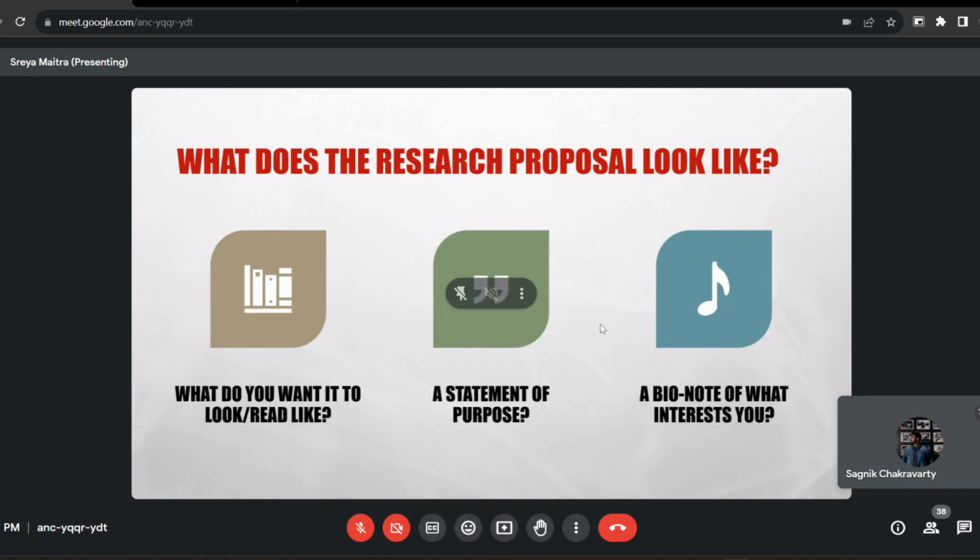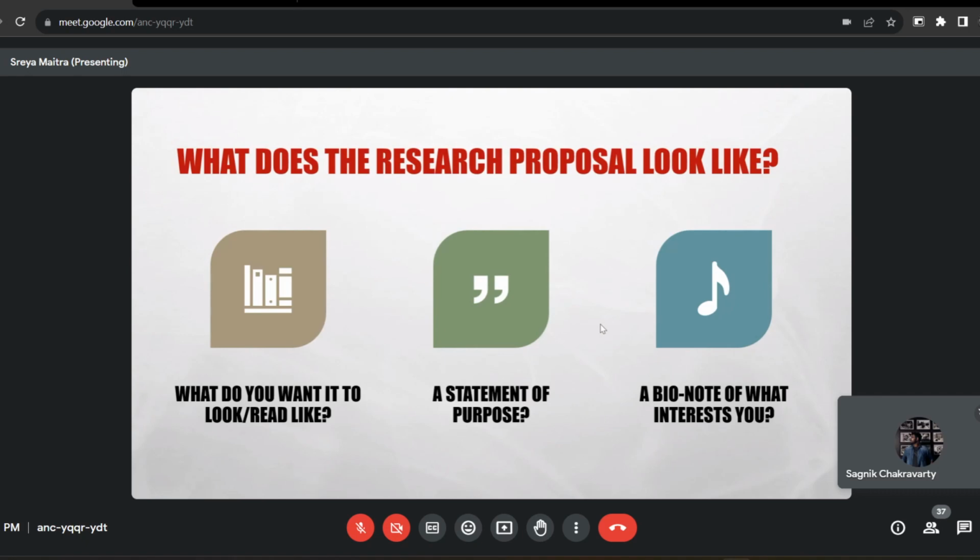But a statement of purpose is not a research proposal. A statement of purpose is a very basic blueprint of an idea that you are finding fascinating. For example, I can find the idea of the dynamics of border haats in India Bangladesh relations fascinating.